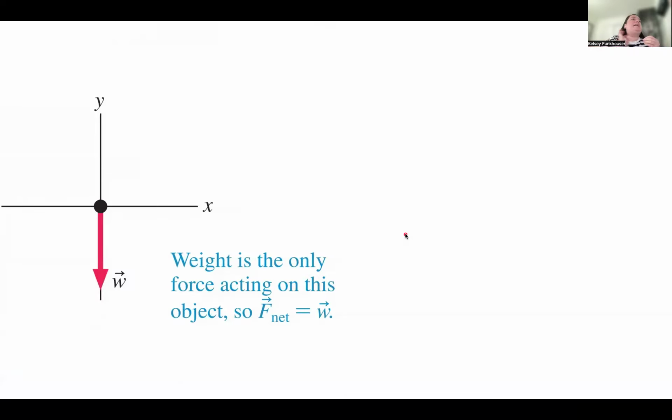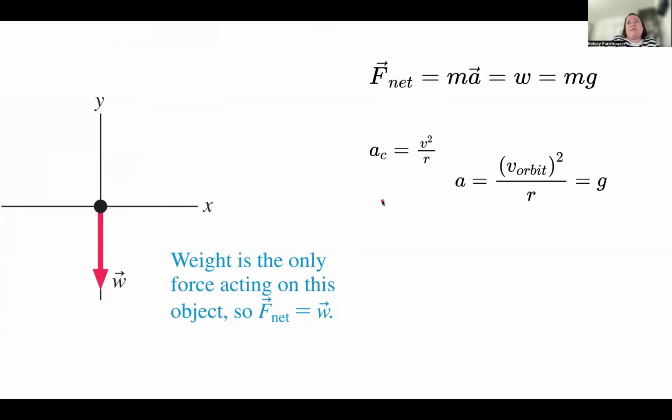Then related to this is some orbital motion stuff, specifically free fall, where the only force experienced is the weight force. So we can look at what that looks like using our centripetal acceleration. And because we're talking about orbital motion here, this becomes the orbital velocity.